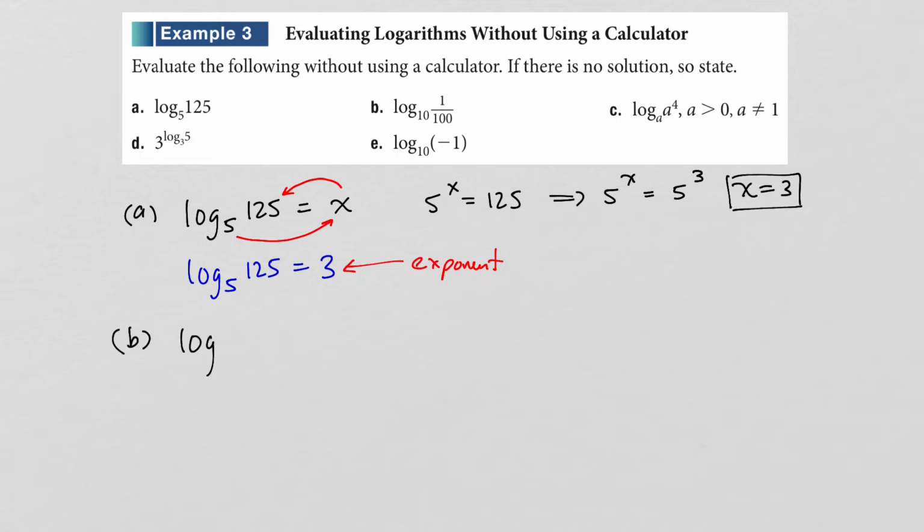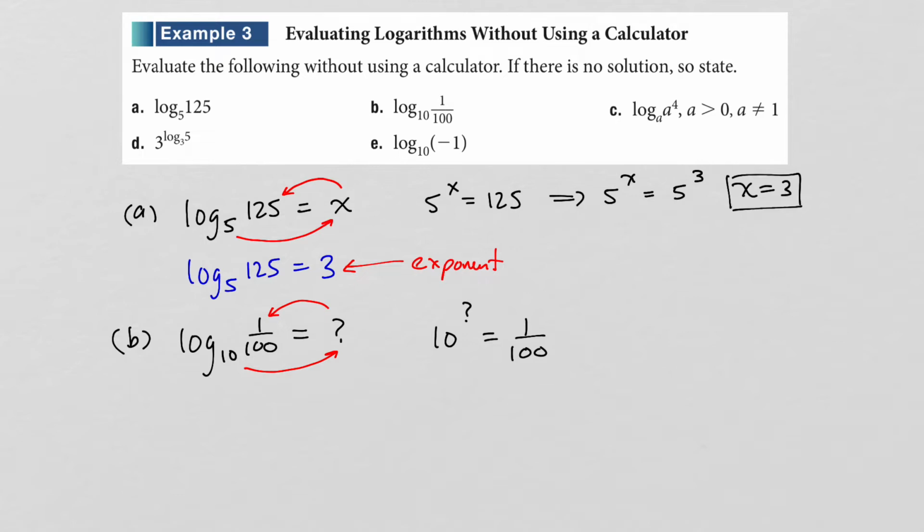So we have log base 10 of 1 over 100. And the question is, what does this equal to? So we need to think, well, 10 raised to what power equals 1 over 100? I mean, that's essentially what we're doing here. 10 to this power equals 1 over 100.